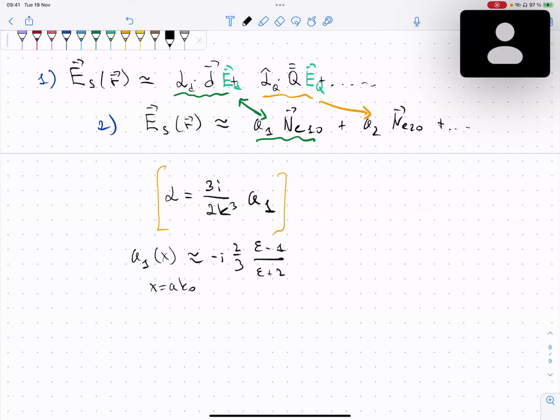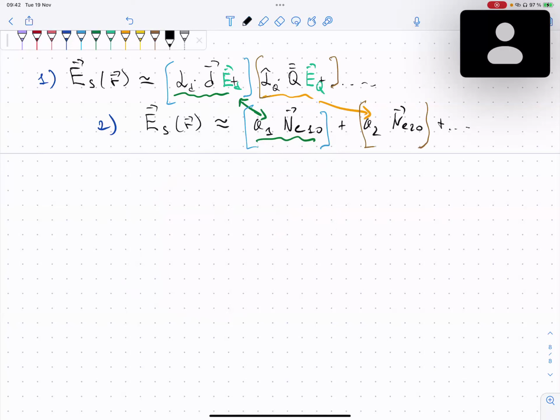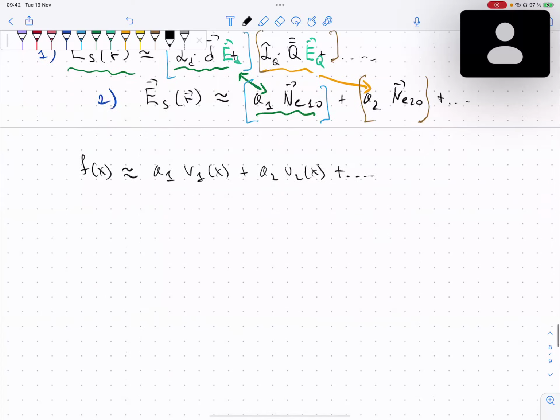In some sense, they are a little bit different expansions, but we can express the electric field of a dipole using this dipole vector harmonic. We can express the electric field of a quadrupole using this quadrupolar vector spherical harmonic. Basically, you have a function, which is our electric field, and you have two different expansions. A1, let's call it V1 of X plus A2 V2 of X, and so on and so forth.